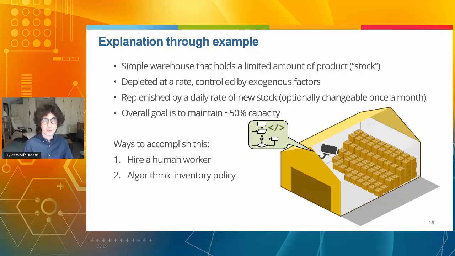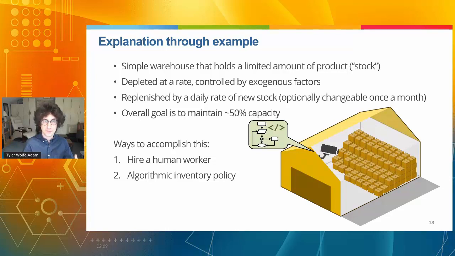Another thing we could do is devise some heuristic or algorithm to determine what this new stock should be. This could be relatively simple if we have a straightforward inventory policy, but it will be limited in scope because it doesn't consider more complexities.